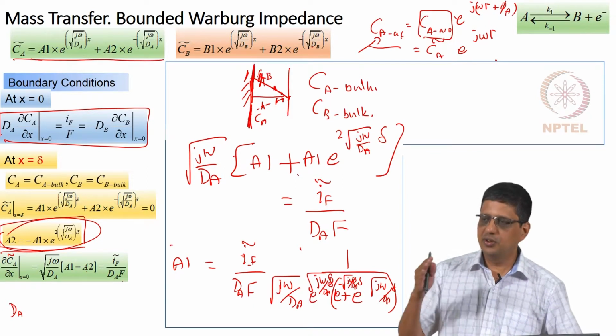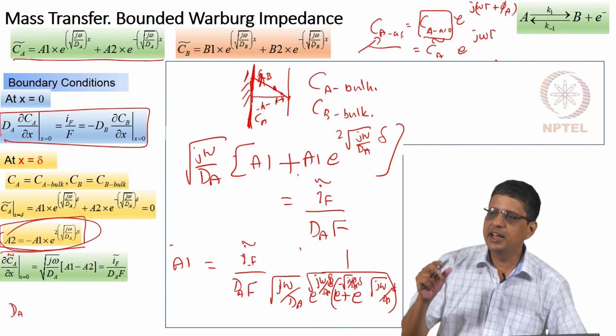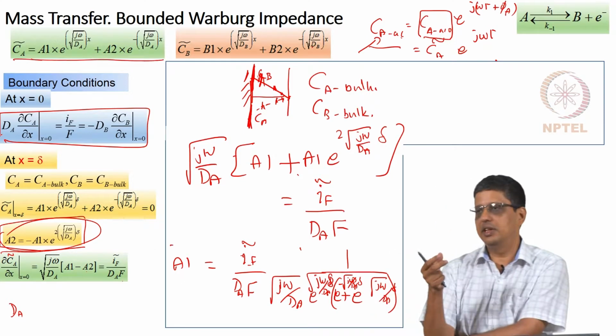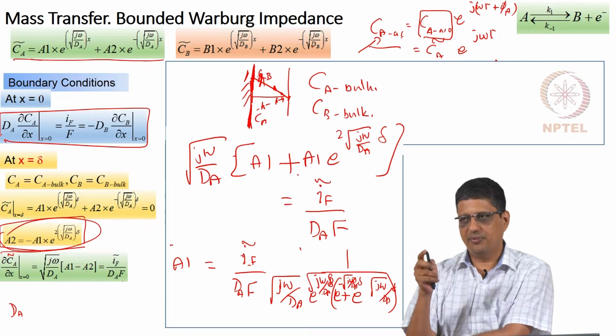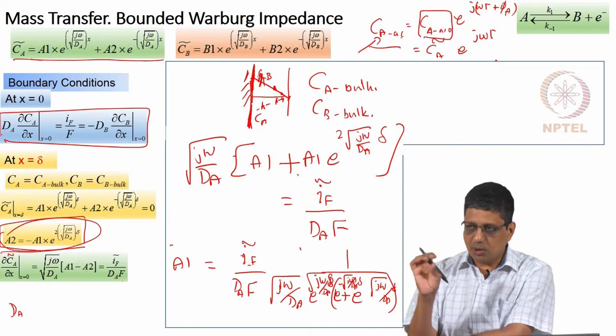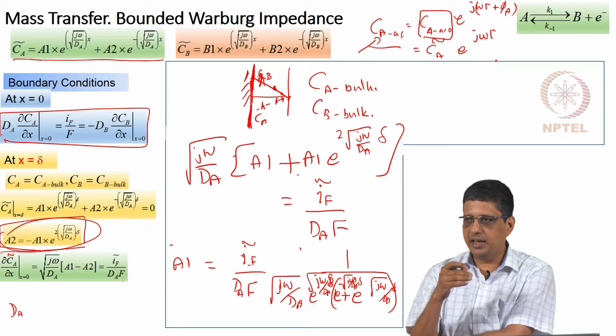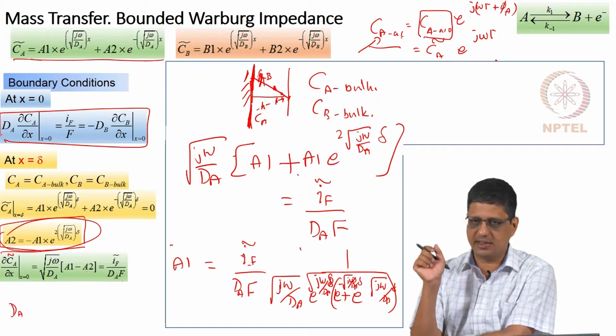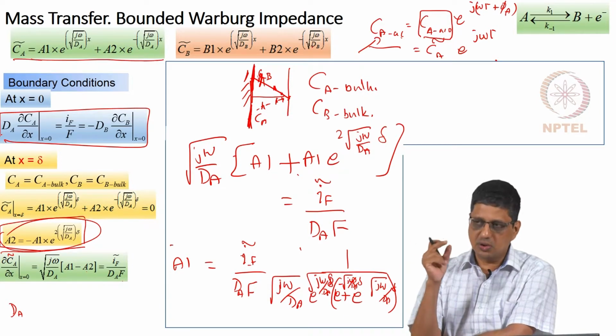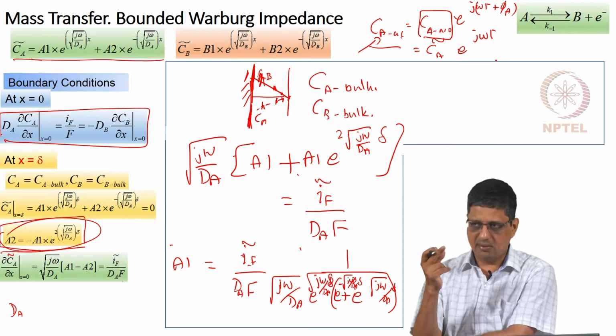So, if the diffusivity of A is much larger than the diffusivity of B, that means B diffuses slowly. Now, a small concentration gradient will allow A to come at a particular rate. For B to go at the same rate, it needs a larger concentration gradient. So the concentration of B will be higher.